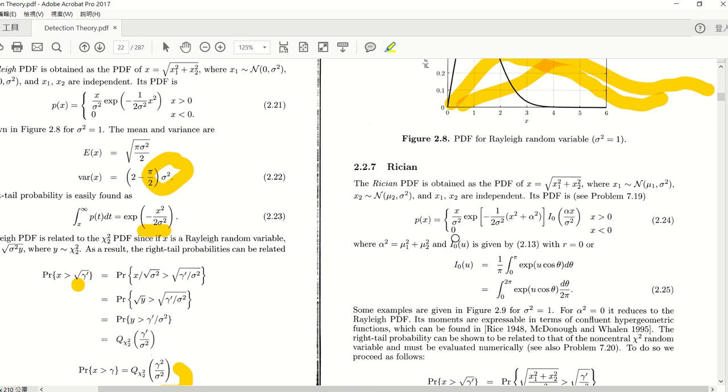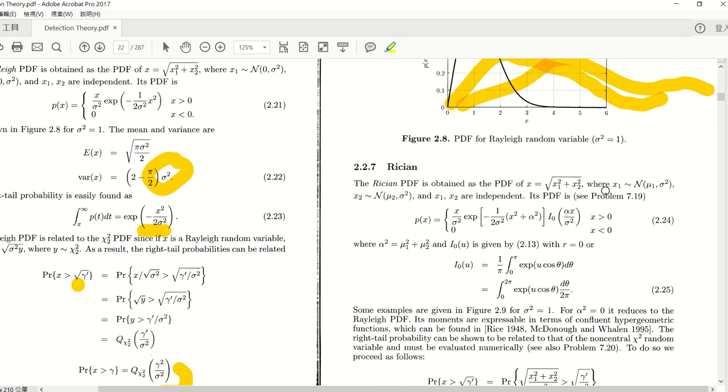So it's the same as the chi-square distribution and the Rayleigh distribution. It's all 0 for x smaller than 0, and for x larger than 0 it's in a certain form. Then let's take a look.